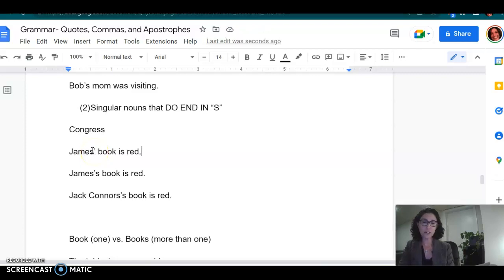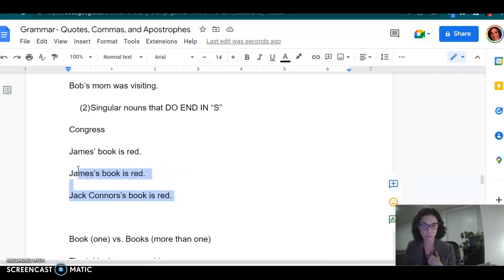However, the Chicago Manual of Style and other legal writing experts do believe that you still add the apostrophe S. So the name being James, when you make James show possession, you add apostrophe S the same way you would if James did not have an S at the end. And then it kind of looks like James's book is red, or Jack Connors's book is red. One person named Connors and we're showing possession, one person named James and we're showing possession.